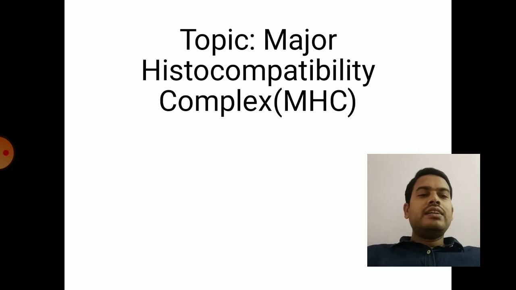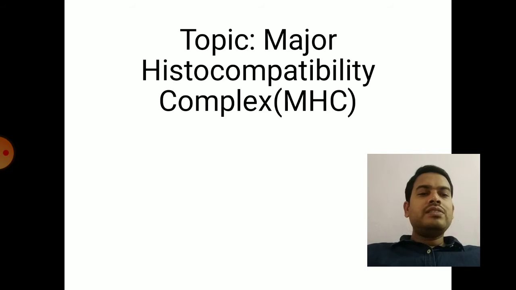Generally, this MHC is coded by genes which are called as HLA genes that are present on chromosome number 6 in humans and chromosome number 17 in mice.